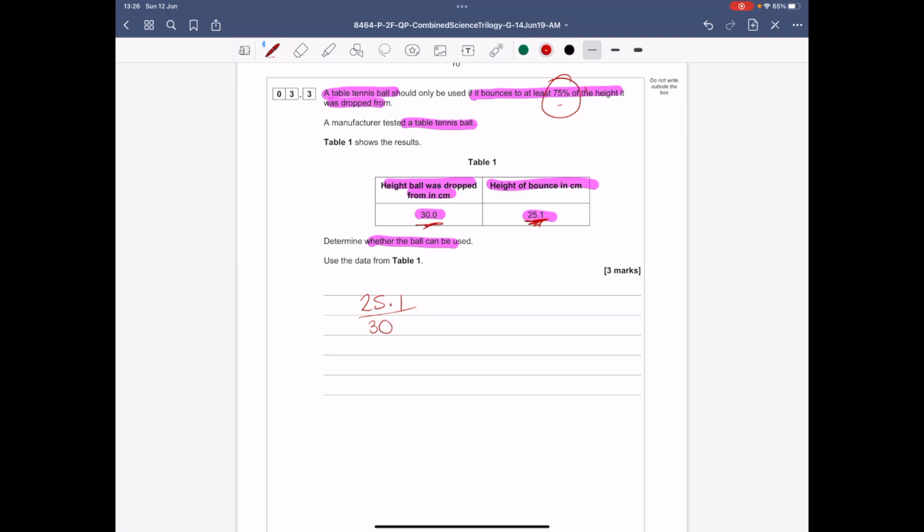So 25.1 over your starting height of 30, times it by 100, and that will give you 84%. Now we can see then that 84% is higher than the 75% that it has to be as a minimum, so therefore we can say yes, the ball can be used.